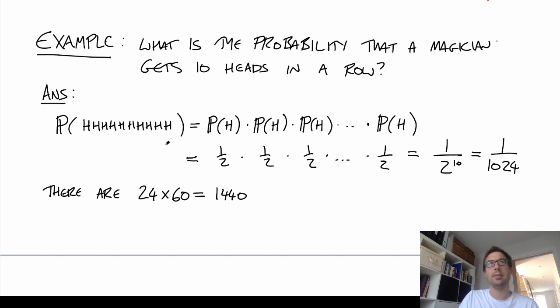Probably takes less than that, but say every experiment takes 1 minute. Then there are a sufficient number of minutes in the day so that it seems reasonably likely that I'll have got one of these events to occur. So if I kept on throwing a coin 10 times and did it for a day or a couple of days, it seems quite likely, given the number of minutes in a day, that I'll eventually get that.